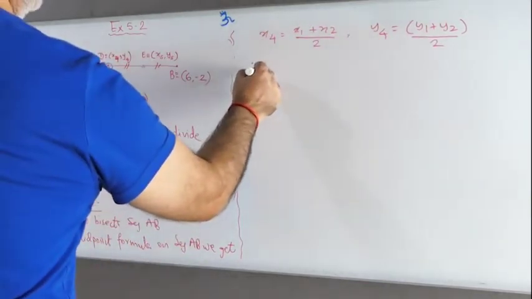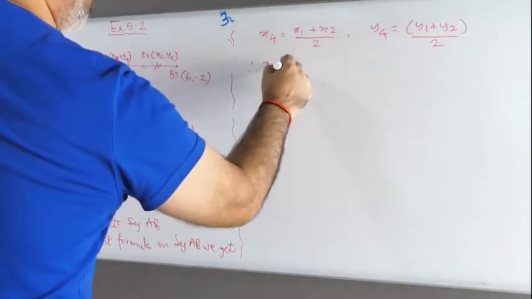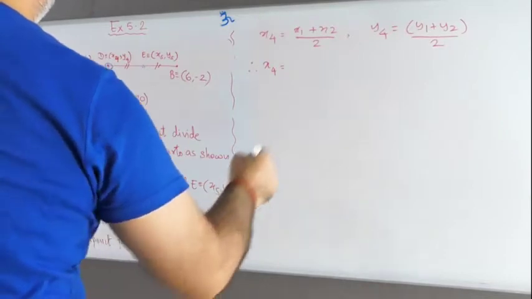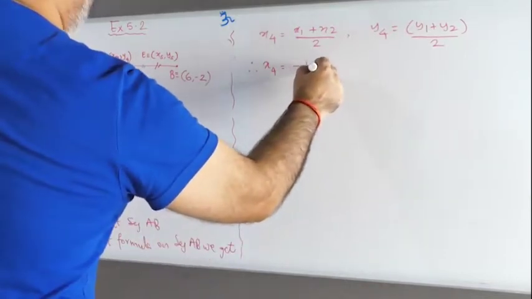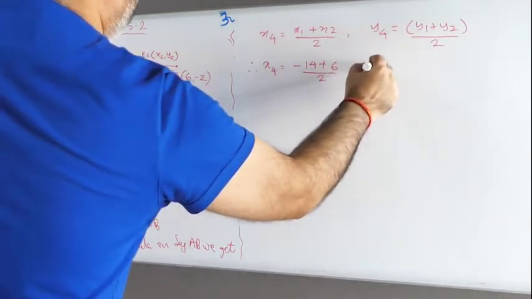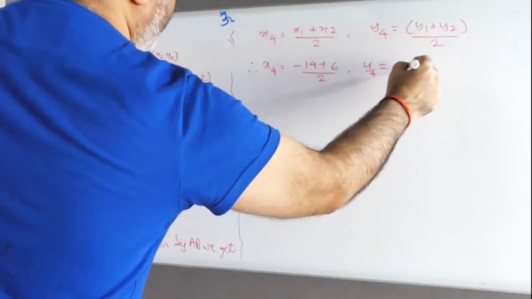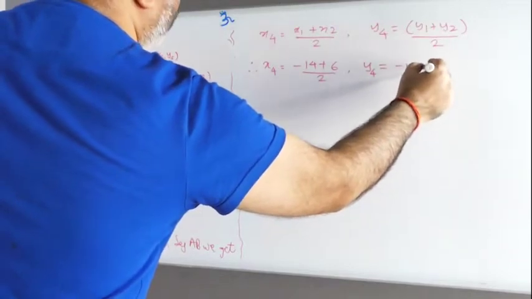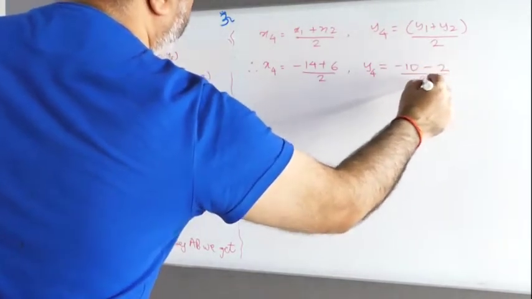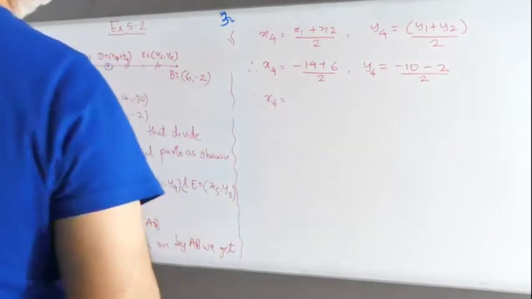Therefore, now x4 is equal to, what is x1? Minus 14. What is x2? 6, upon 2. y4 equals, what is y1? Minus 10. What is y2? Minus 2, upon 2. So therefore, what is x4?